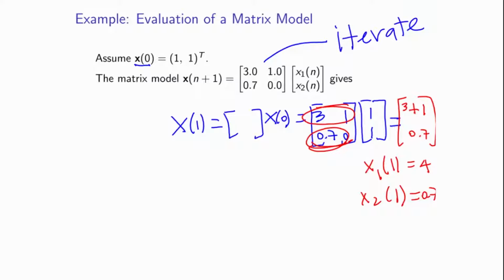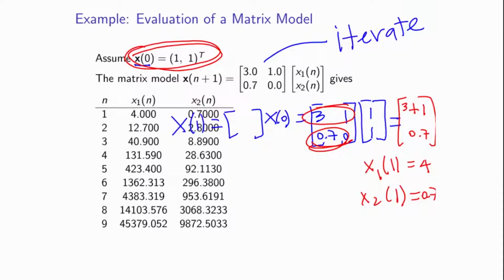So now we started with a known value of the population size at time 0, and we have computed the value of the population size at time 1. And once we have this vector 4, 0.7, we can multiply the matrix times that vector, and then we can obtain the population size at the next time step.